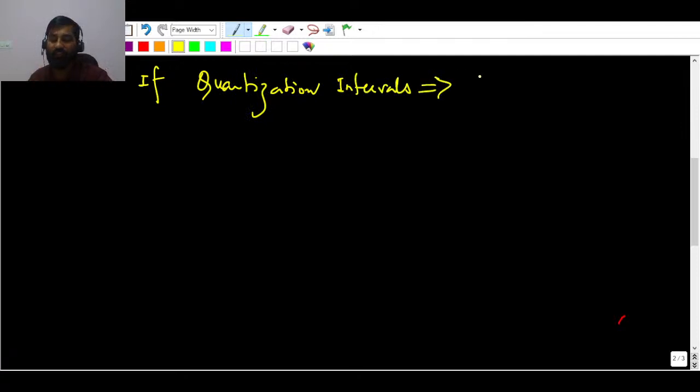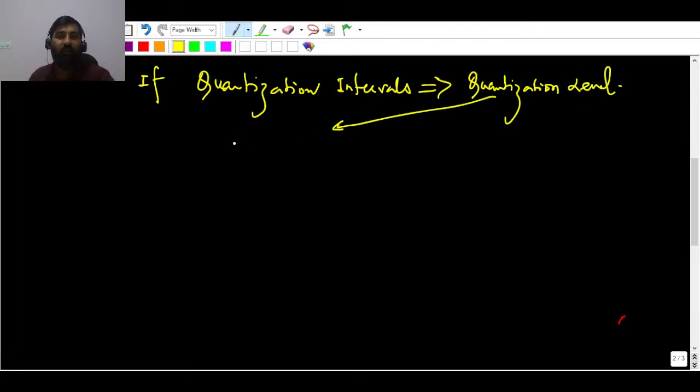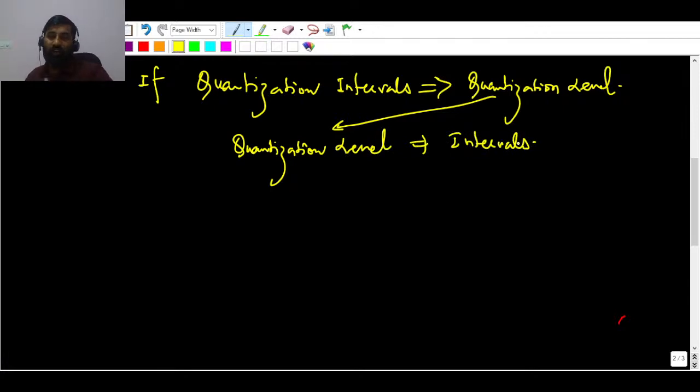So you can find quantization levels, and if quantization levels are given, what you can find? You can find the intervals. So my question is now, how can we determine the quantization levels, how can we find the quantization intervals?